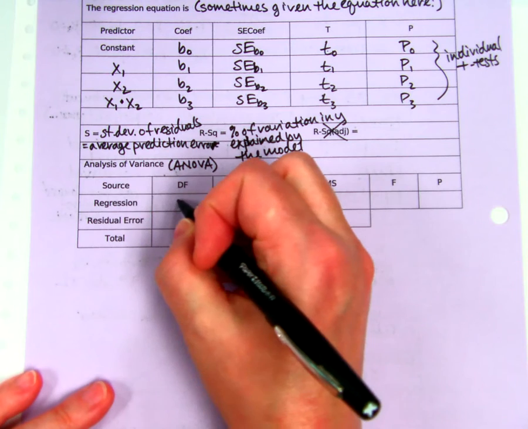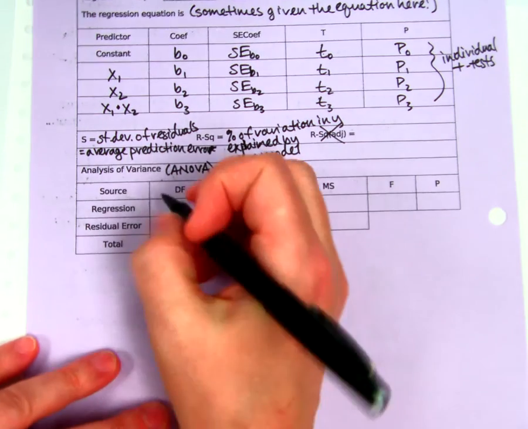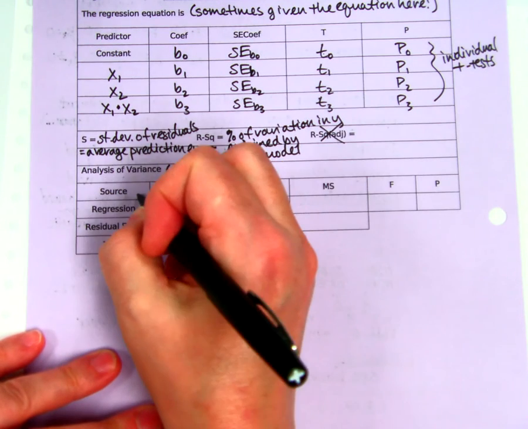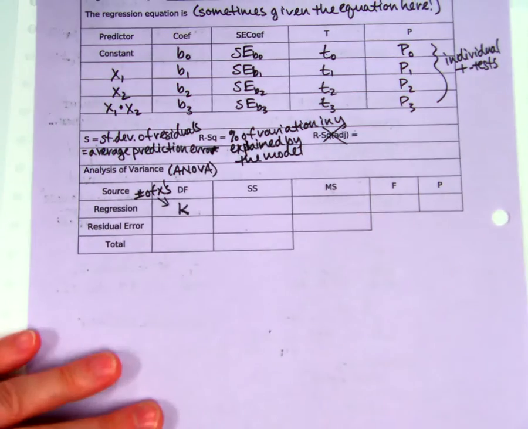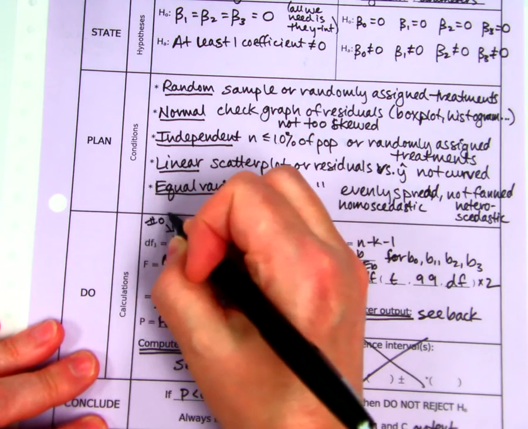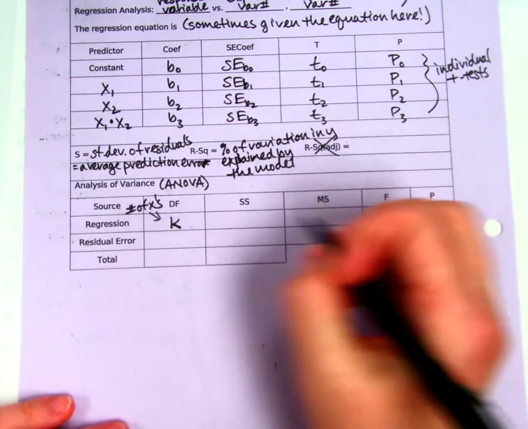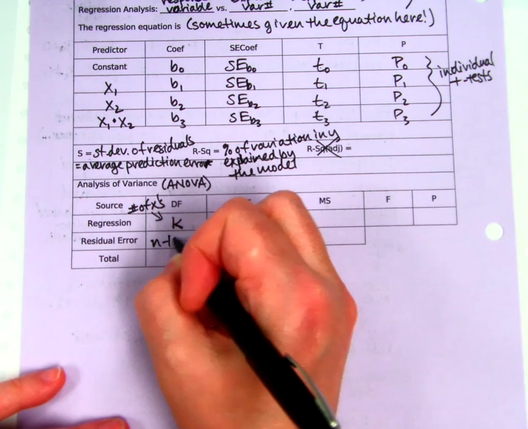But DF1 is K, and DF1 is the number I forgot to write before. K is the number of X's, number of explanatory variables that you've got. Maybe I should write that over here also. Number of variables. Residual df is n minus k minus 1.